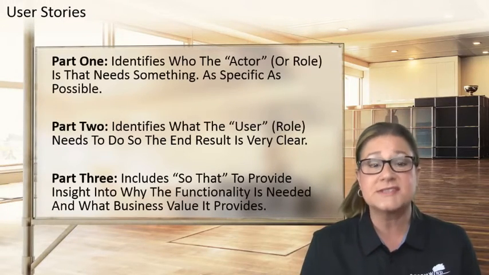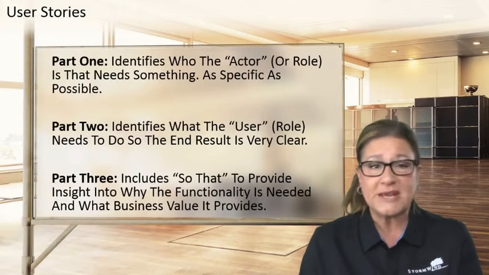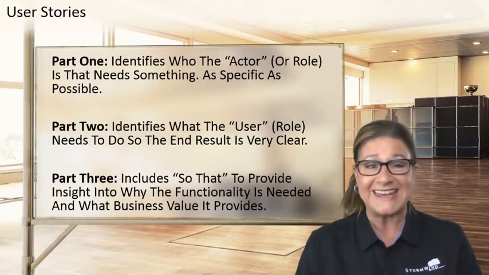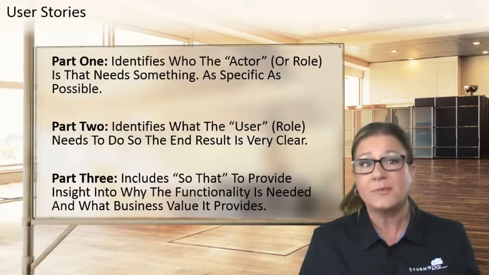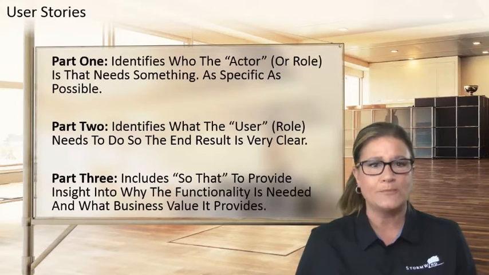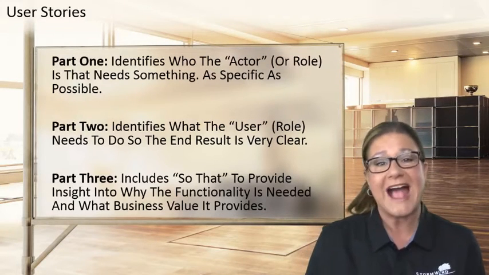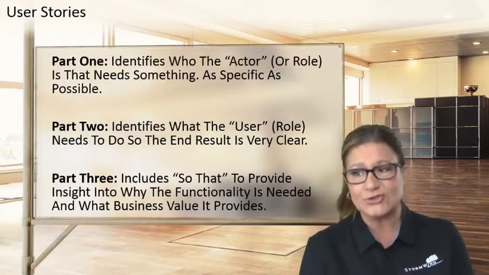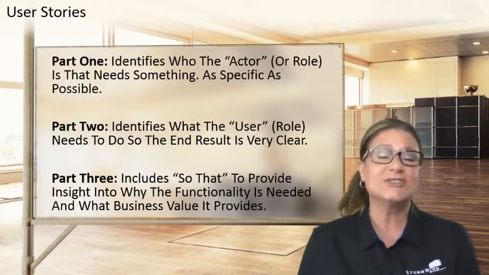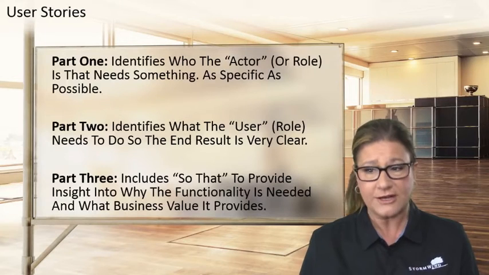And so an example maybe of a user story is to break it down. The first piece really identifies what we call the actor or the role that needs something. And that's probably in this case the customer, and we want to make it as specific as possible. Part 2 of a user story identifies what the user or the role, customer in this case, maybe end users, need to do so that the end results are very clear.